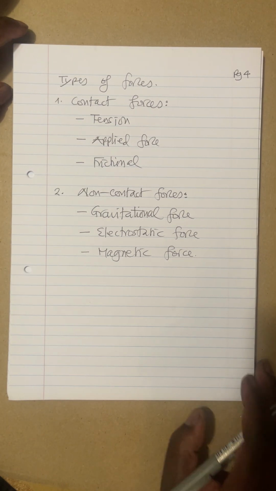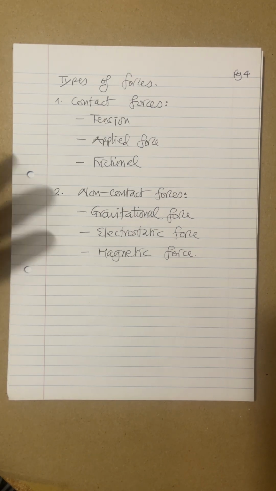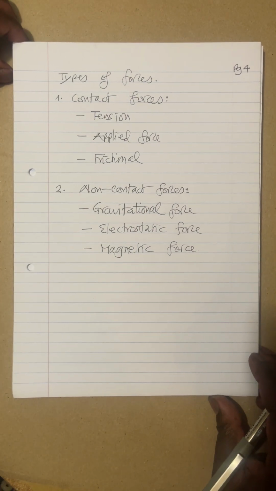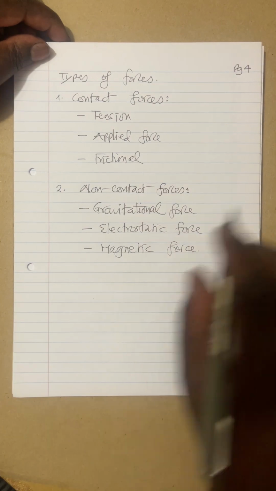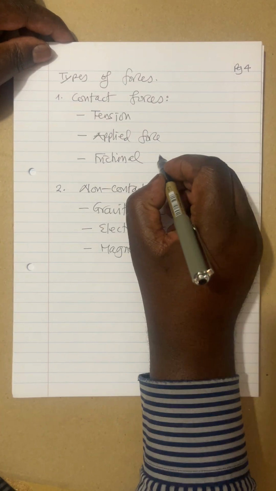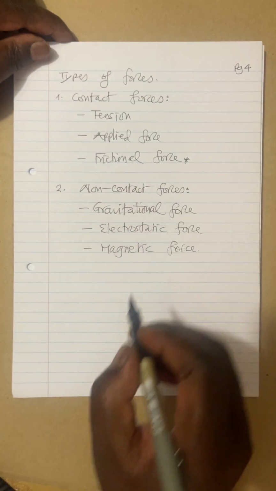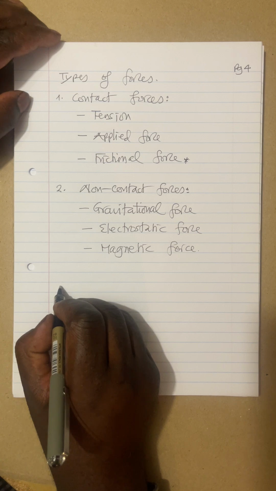Now, there are very special forces in physics that I want us to look at, especially with regards to Newton's laws. Let me just call them special forces. Number 1 is frictional force. So let's look at this frictional force in a lot more detail.